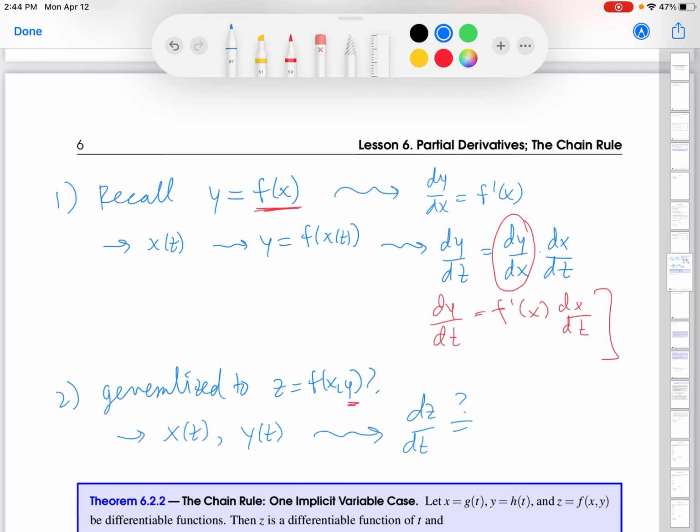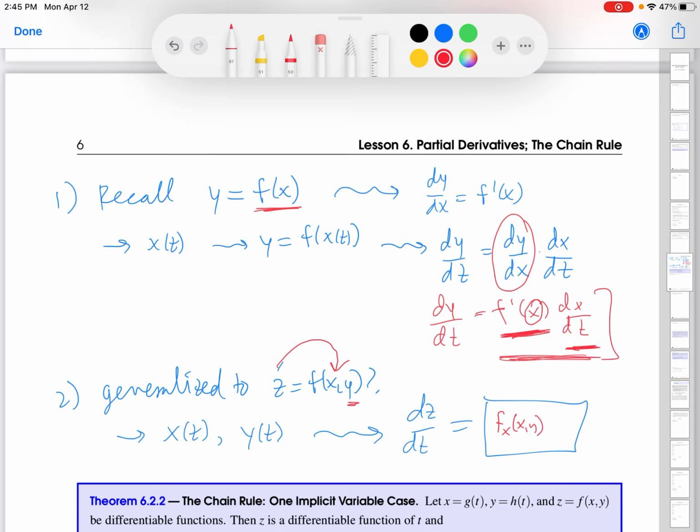Well, notice the structure of what happened over here. I had the derivative with respect to the variable multiplied by the derivative of that variable with respect to t. So if you had to take a guess at what we would put here, I would say, well, the derivative of z with respect to this variable, that's the partial derivative, f sub x of x,y.